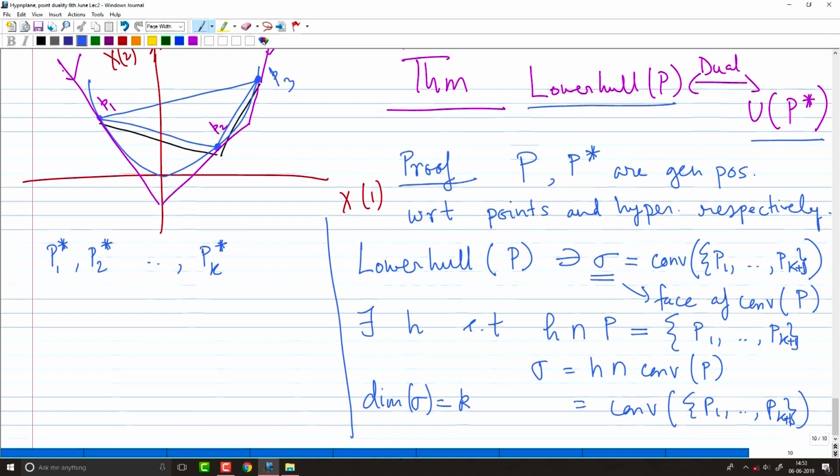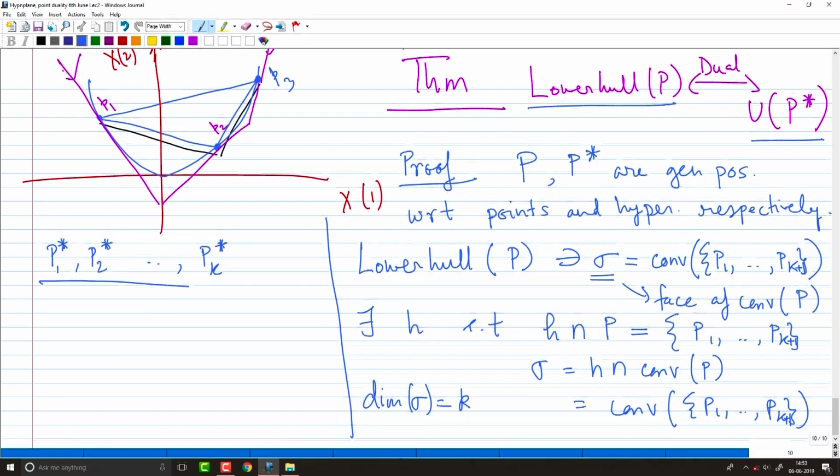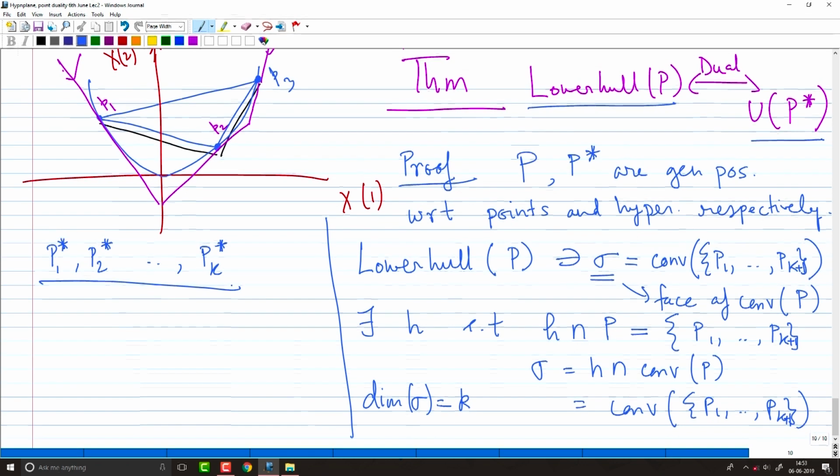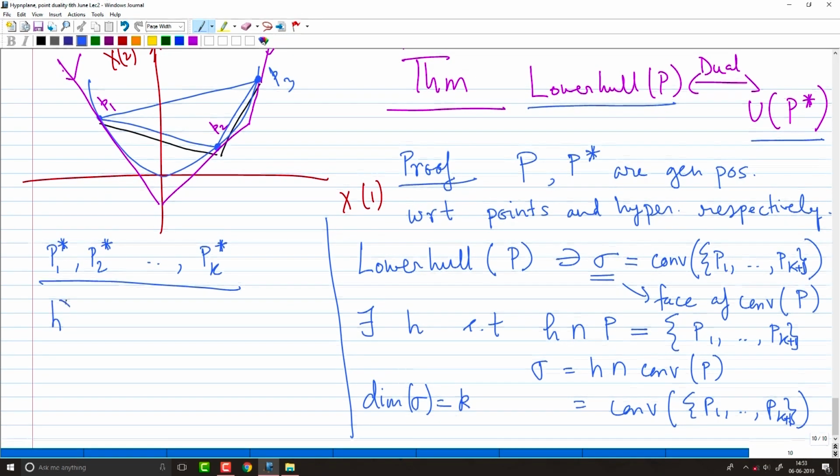So now let us look at this set of dual hyperplanes, and also look at this dual point H star. See, P1 belongs to H, P2 belongs to H, and so on, Pk plus 1 also belongs to H. What does that imply?